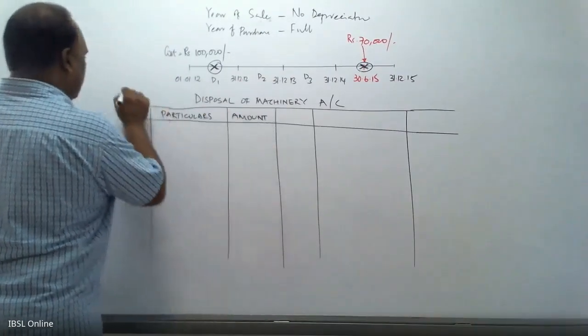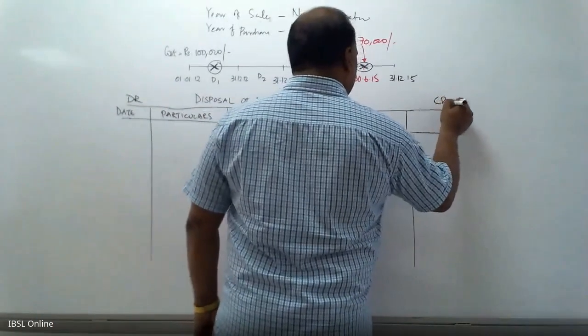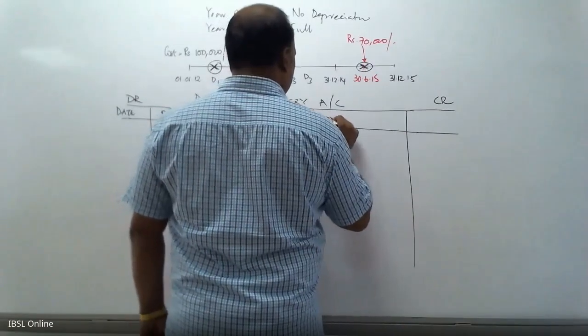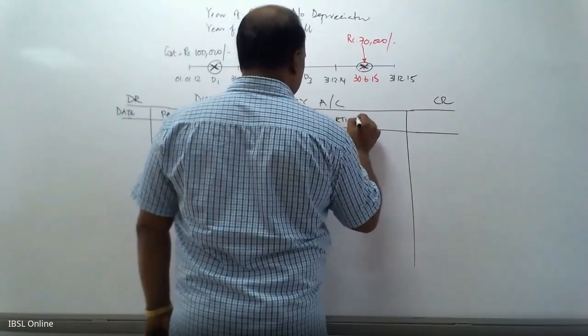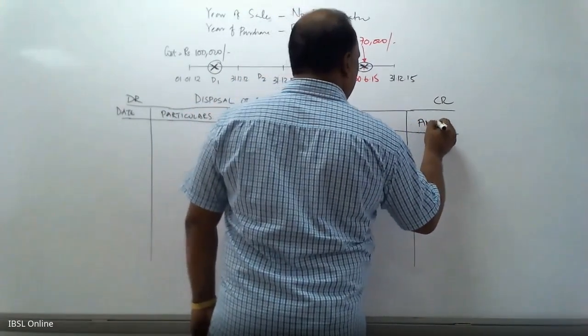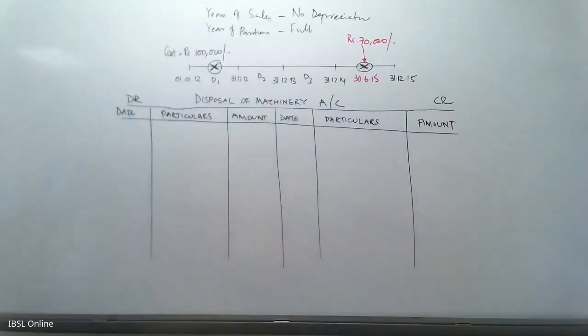So this is the debit. Then on the right side you will have the credits, again date, particulars, and then the amount. As you know, the disposal happens in 3 steps.